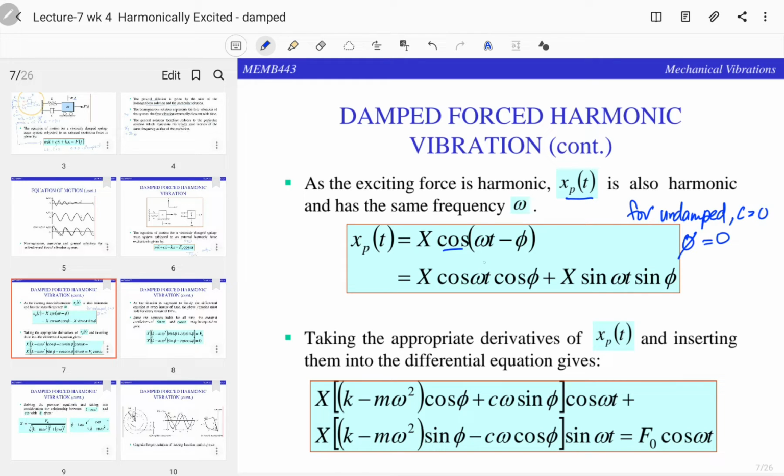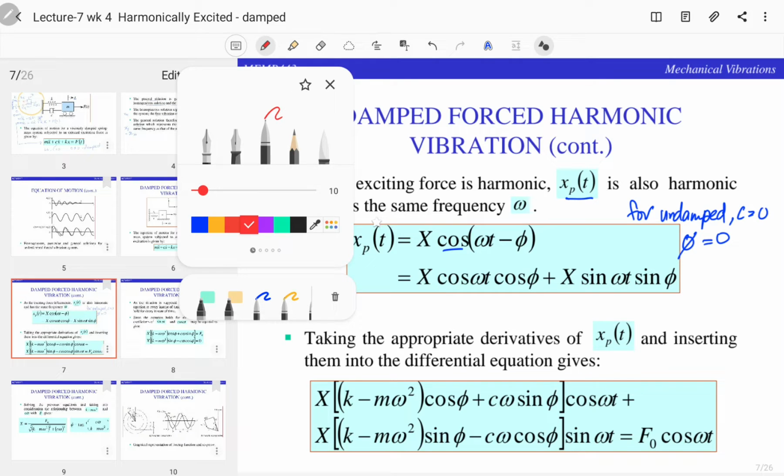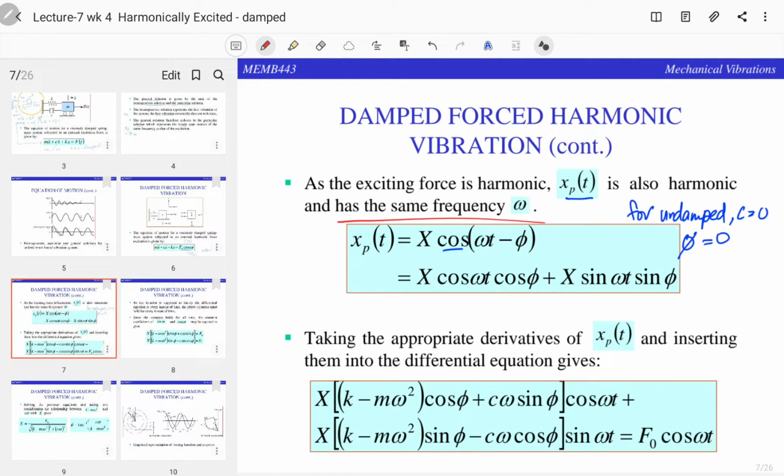So you can see that if it's damped, then you need to write the solution as such. Previously in lecture 6, your XP is just capital X cosine omega t.